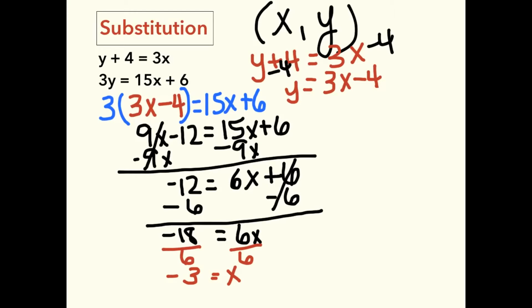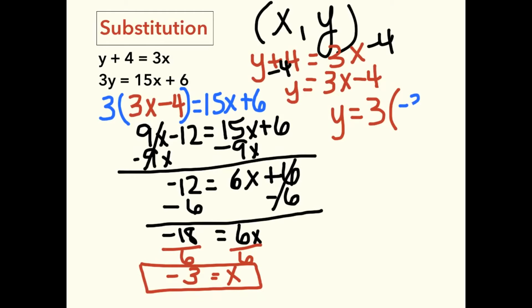So we know what x equals. Now we want to know what y is. So since we have an x, we can go back to this first equation right here, where we have y equals 3x minus 4, and substitute this negative 3 in for this x, because it tells us x is negative 3. So y equals 3, and then instead of putting the x, we put negative 3.